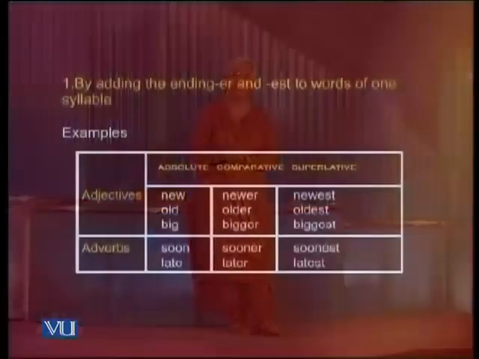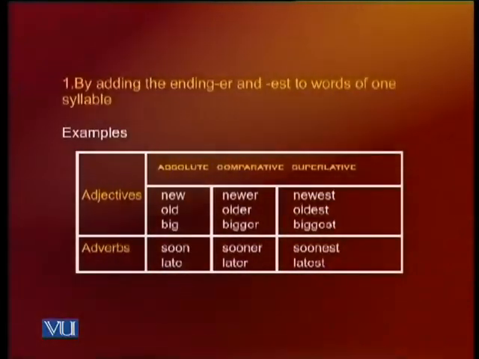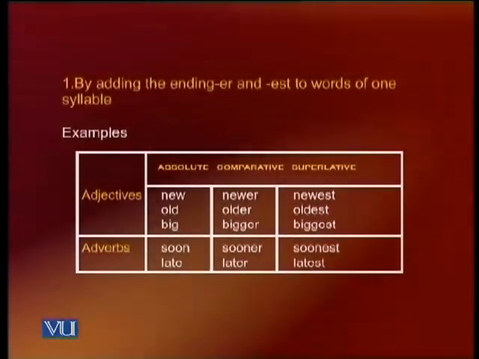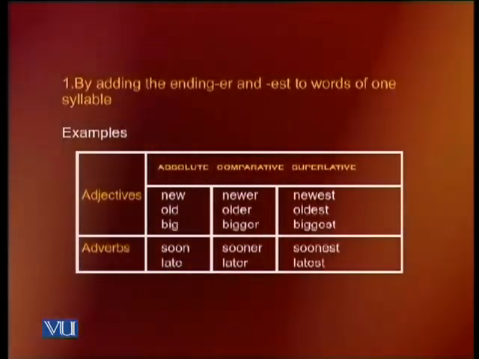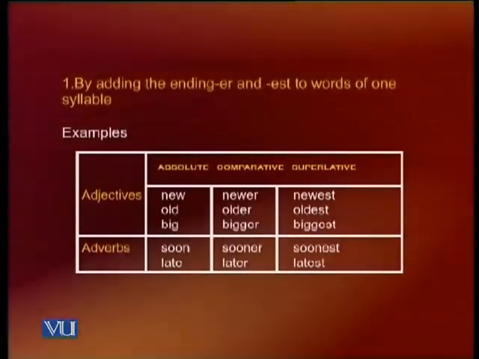We usually add ER or EST to words which are of one syllable. For example, take the adjective new. Now this is an absolute form. And by showing comparison, you add ER, the comparative part.